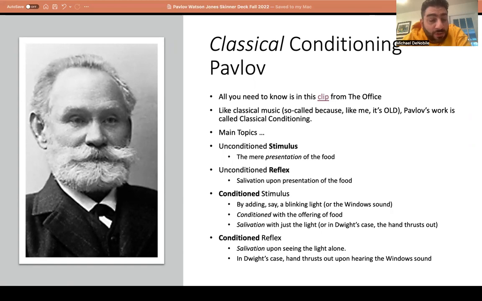So if somebody offers you an Altoid, most likely you're going to take it and you're going to want it, especially if you think you have bad breath. The unconditioned reflex is taking it, wanting it.